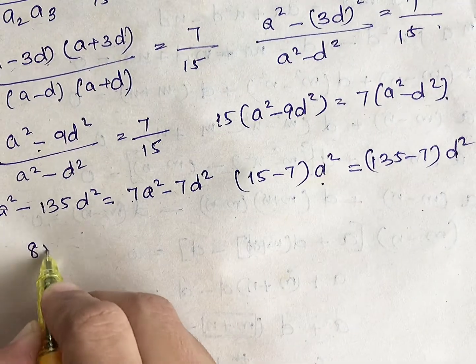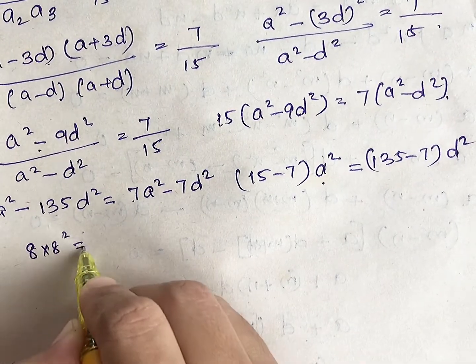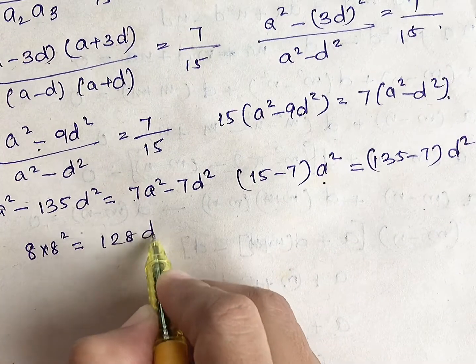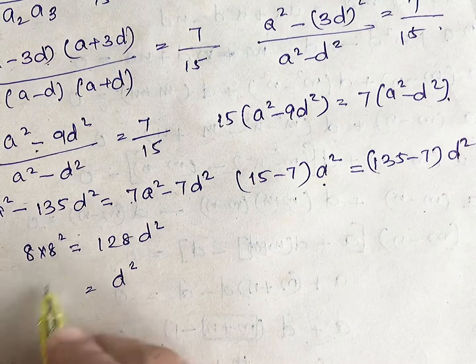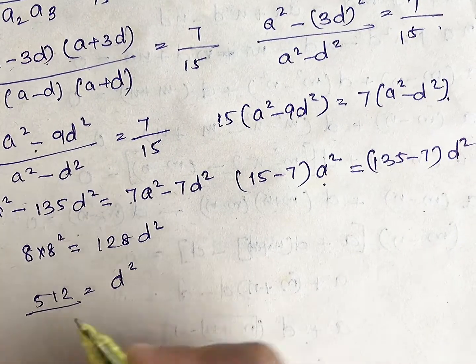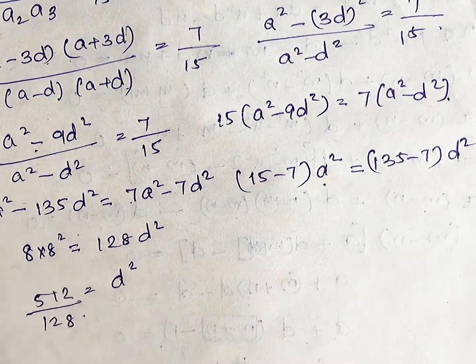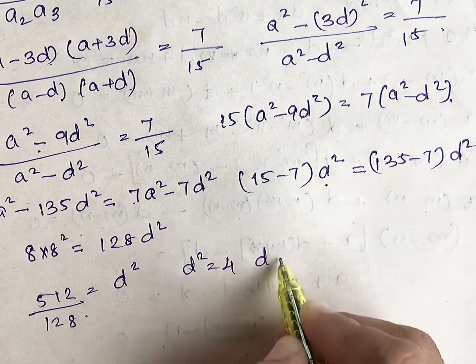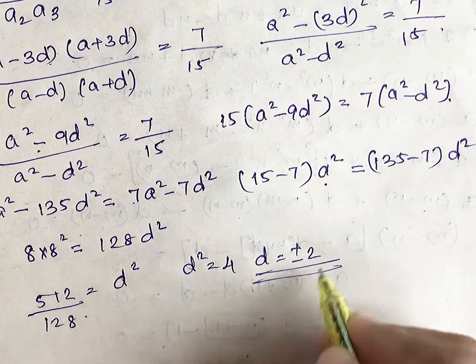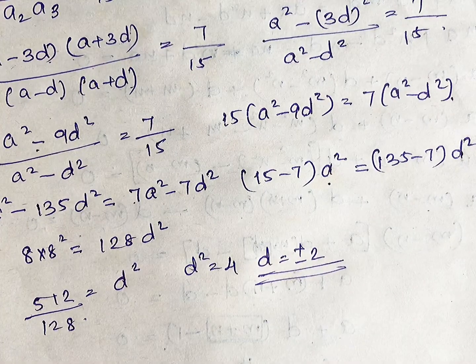Therefore, 8 into 8 square is equal to 128 d square, or d square would be equal to 512 by 128, or d square is 4, or d can be plus or minus 2, right? D is plus or minus 2.